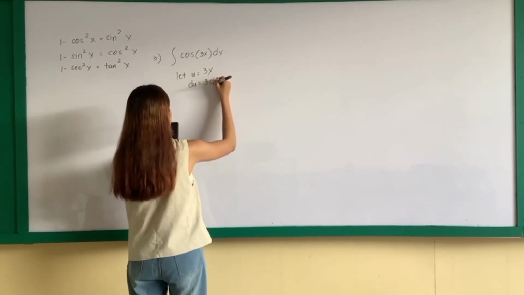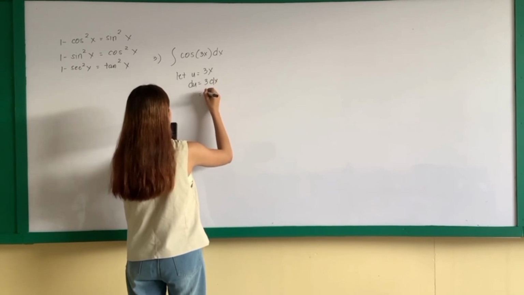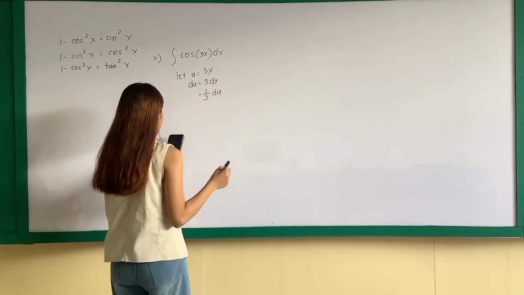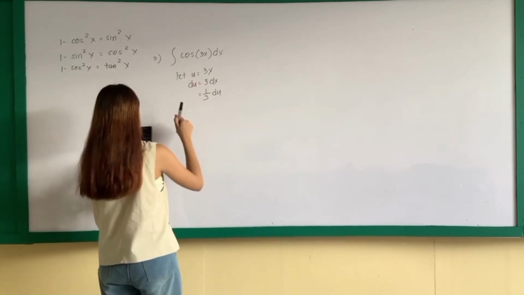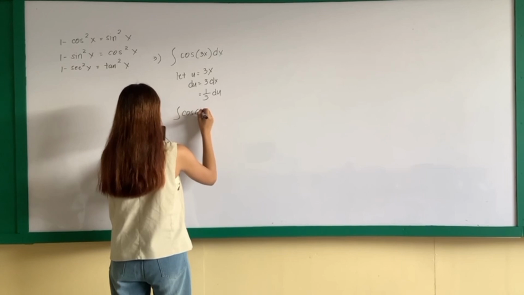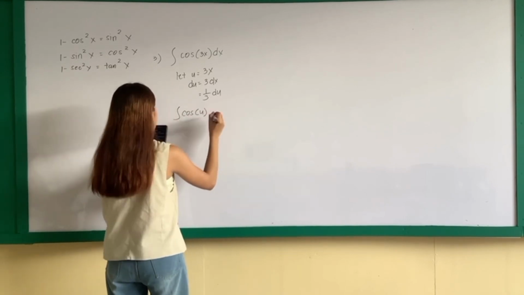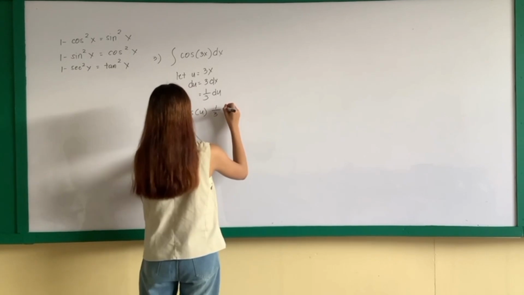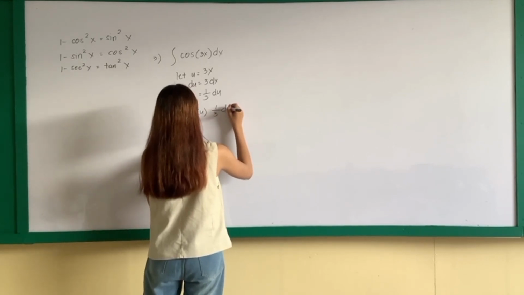Divide both sides by 3, we have 1/3 du. So the integral of cosine u. We can make 3x as u, and dx is equal to 1/3 du.